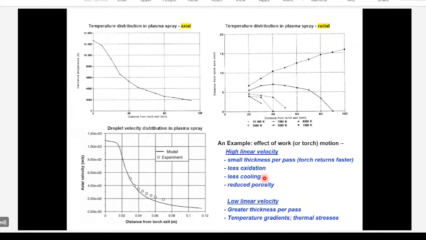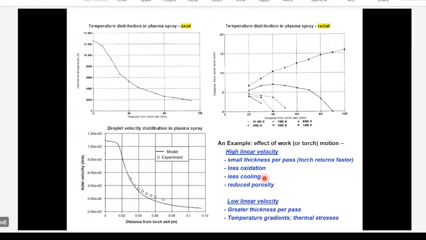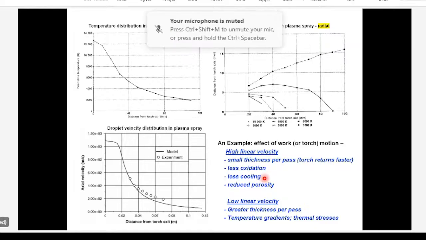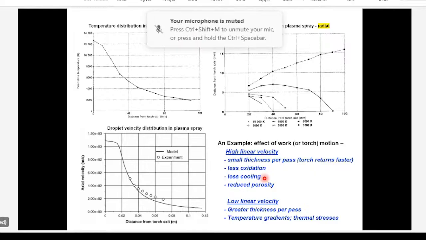If the gun comes back to the initial position faster, then the liquid has not yet solidified, and you have the next layer and the next layer depositing. So you will have less temperature gradients in that deposit, less corrosion from the atmosphere. So high linear velocities are good from that point of view, that you have cleaner, better quality coatings, but the process is slow because you are moving the gun faster for a given mass flow rate.